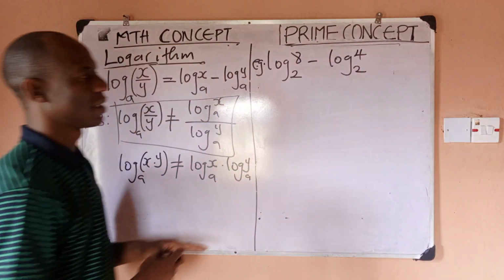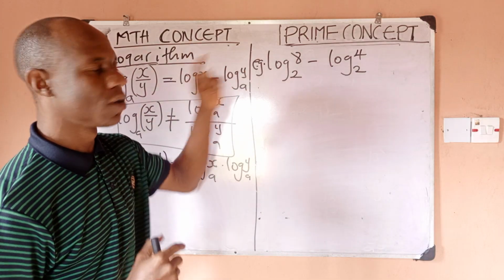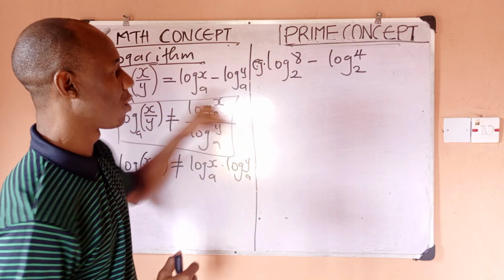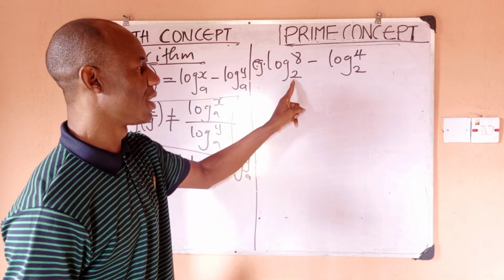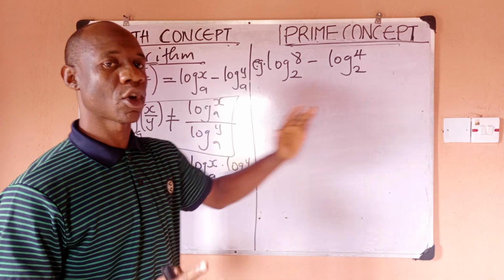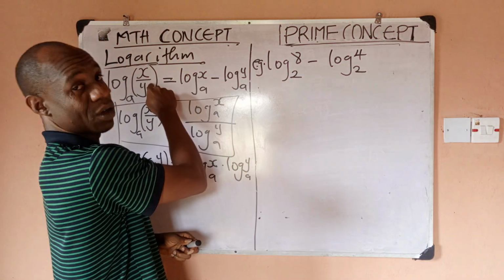Let's say I have something like this to simplify. Very importantly, you would first notice that before you can apply this law, their bases must be what? Common or the same. So this base is base 2, this is also base 2, common base. Then I can apply the subtraction. The subtraction would lead me to what?